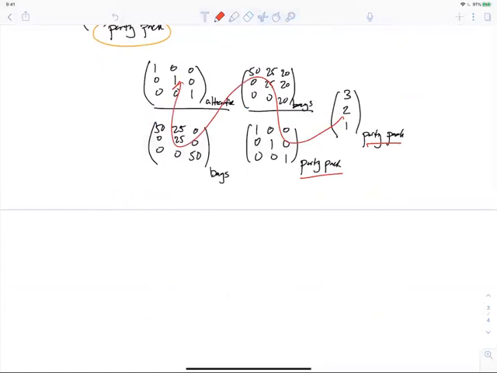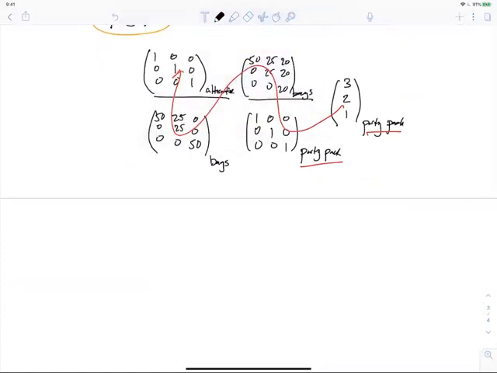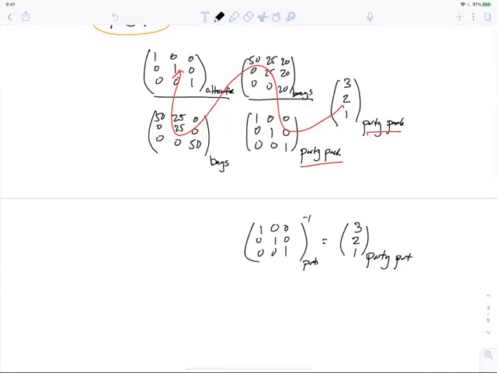What we're really going to do is take the party pack and multiply it by the inverse of this one. Oops, we're multiplying, that's not equals. And now that party pack is the inverse of the party pack times this matrix right here.